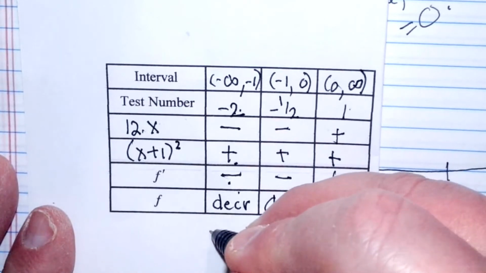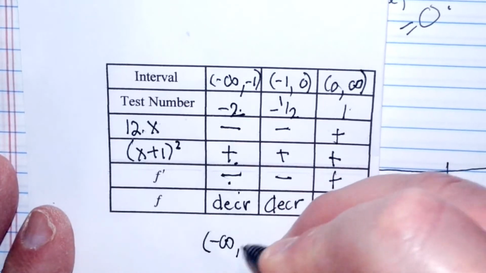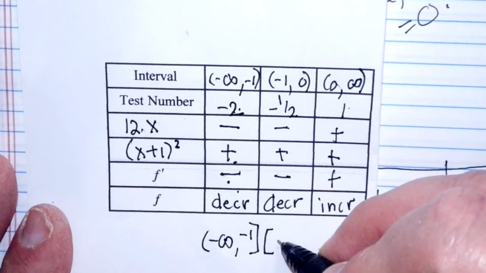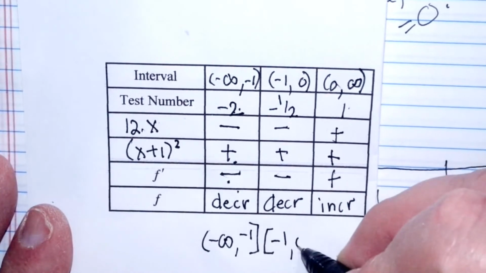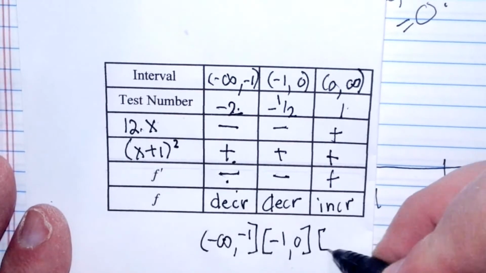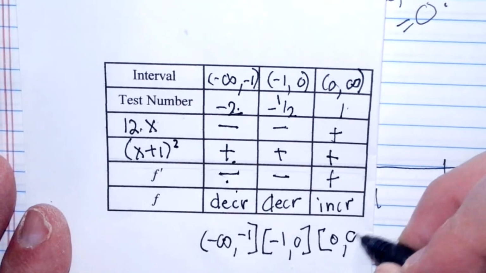So it's going to be decreasing on the interval from negative infinity to negative 1, including the endpoint. And then it's going to be decreasing on the interval from negative 1 to 0, including the endpoint. And then it's going to be increasing on the interval from 0 to positive infinity.